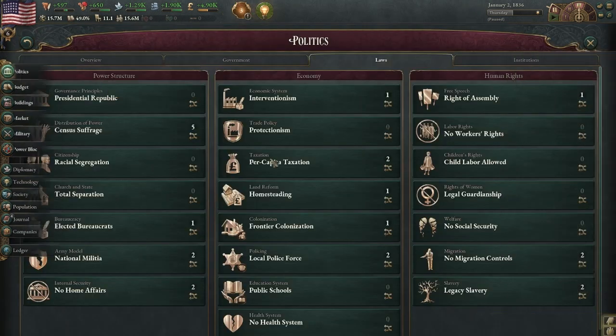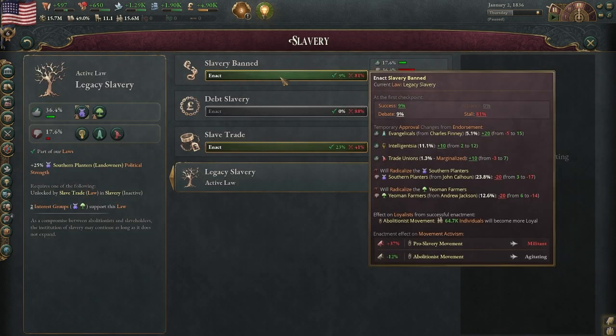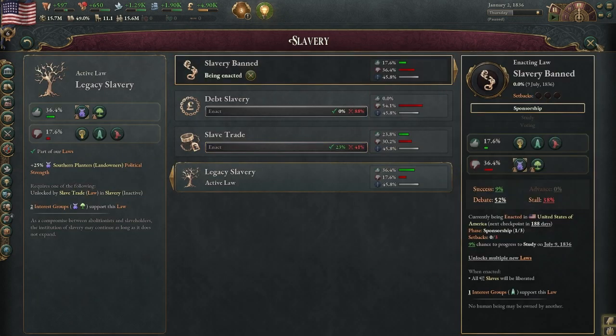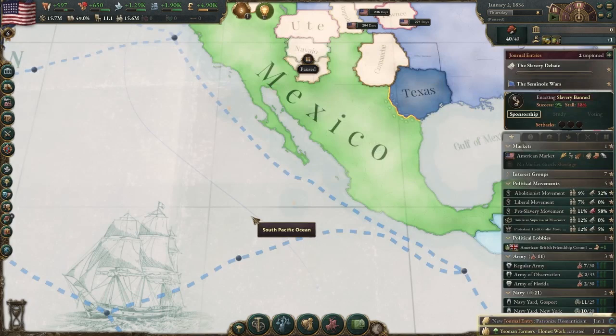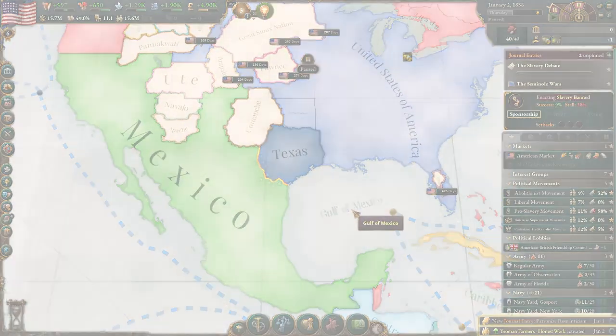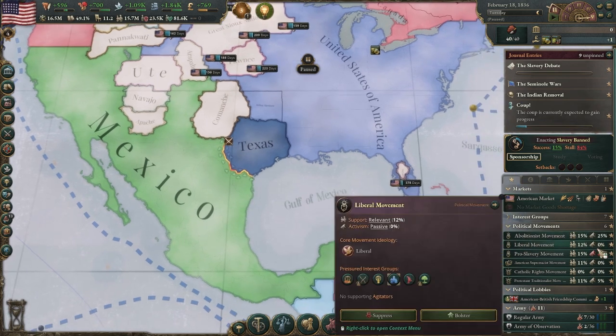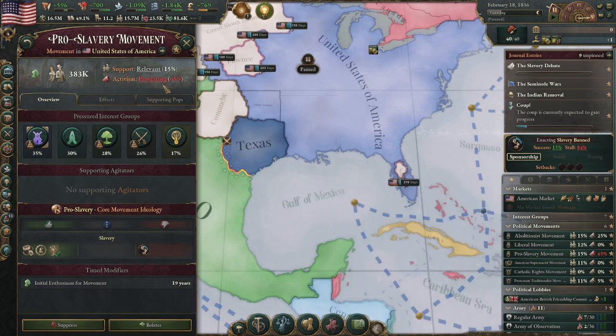So let's start trying to enact slavery banned. And we'll let the game run for a moment to see the effects that has. So we are trying to enact slavery banned, and you can see it's adding to the activism of the pro-slavery movement.